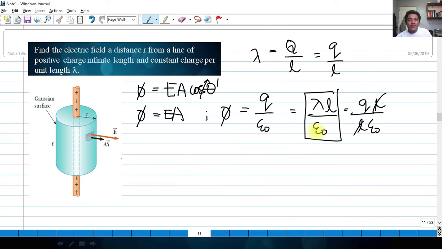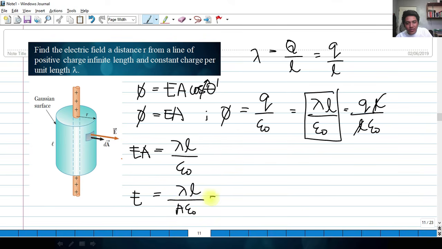Again, equating the two equations, we have EA equals lambda times L over epsilon sub 0. Getting the electric field, E is equal to lambda over epsilon sub 0 times L over A.